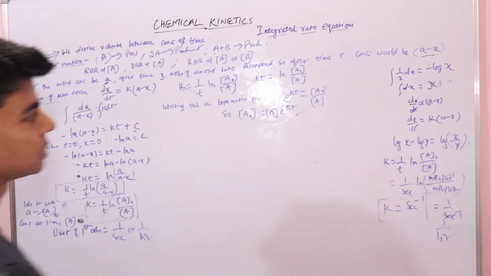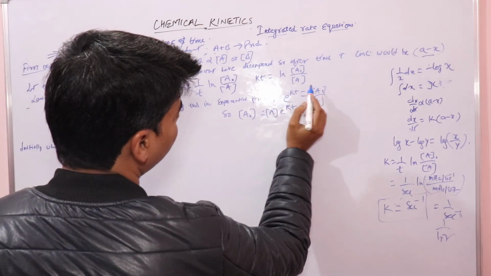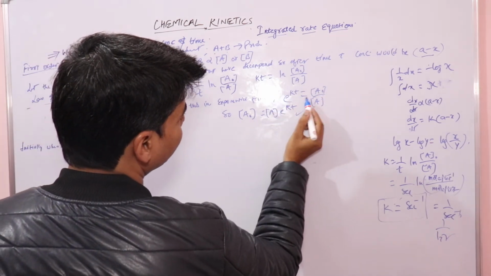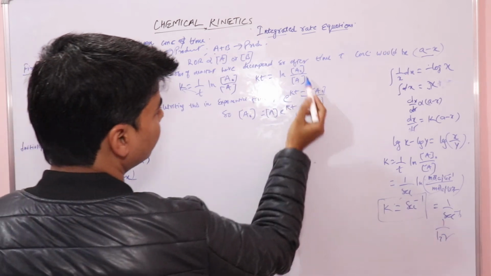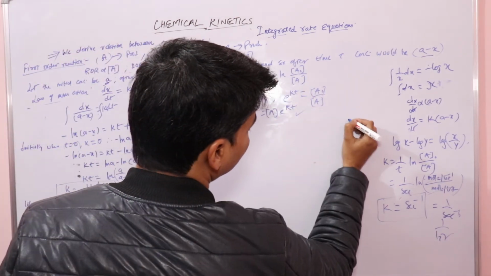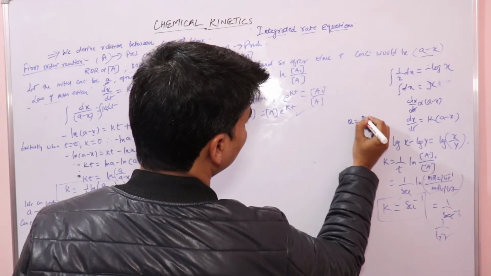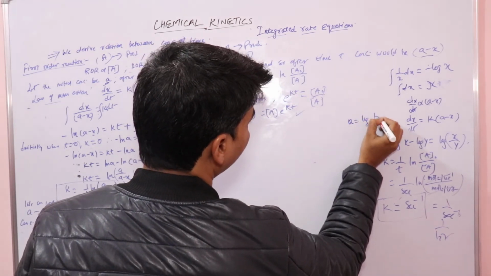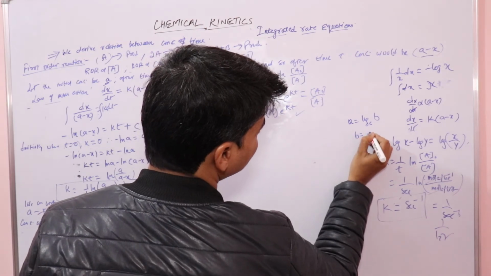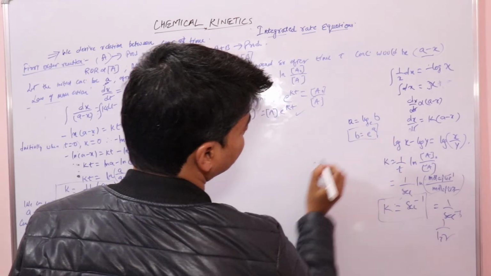This is again mathematics. I've used one formula to reach here from here. The formula is: if a is equal to log e b, then b is equal to e to the power of a. This is the formula that I've used.